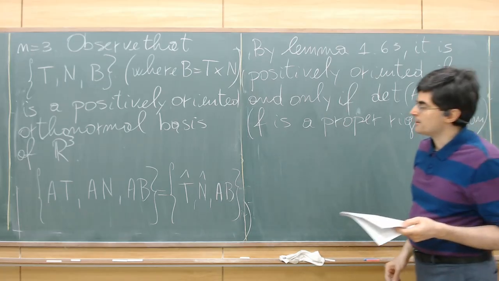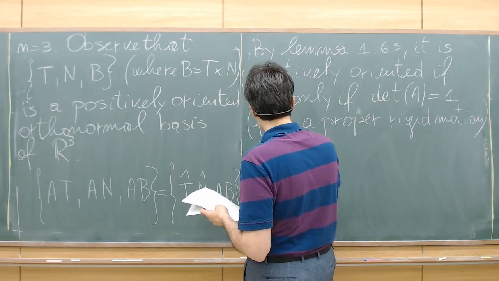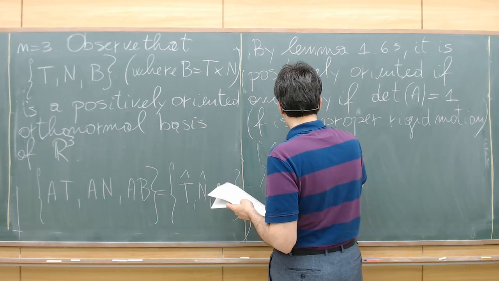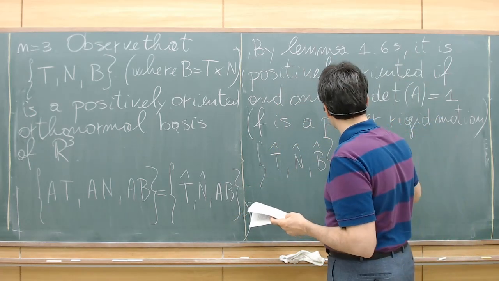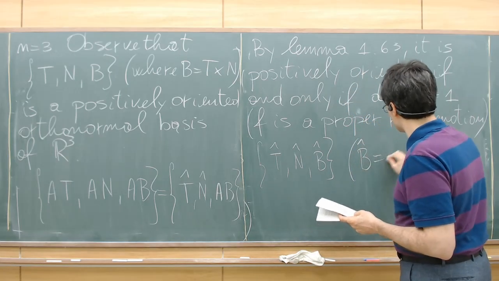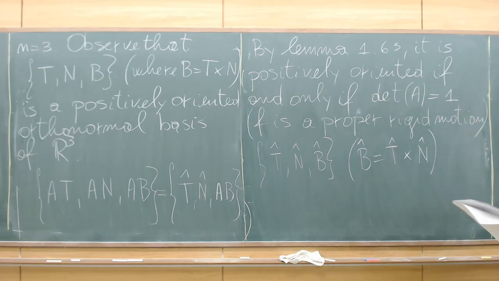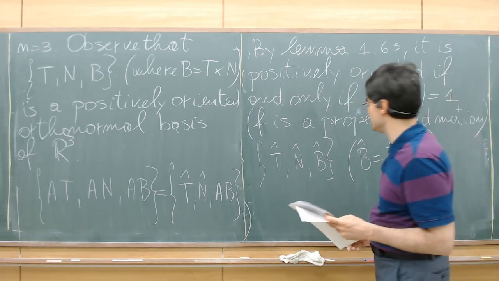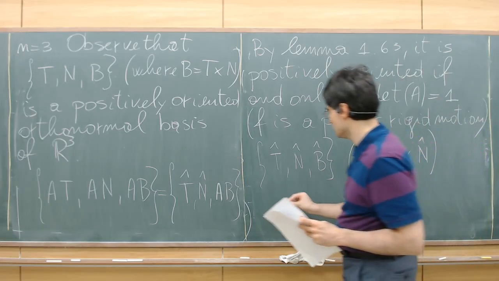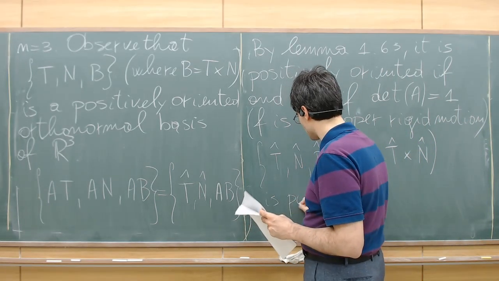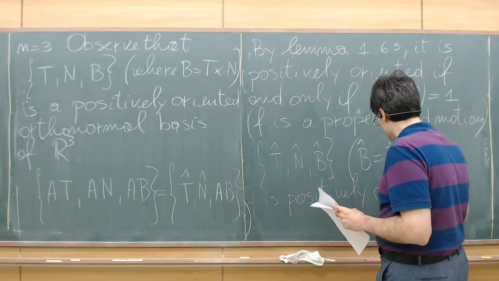So let's compare now this basis with this one: T hat, N hat, B hat, where B hat is T hat times N hat. This is once again positively oriented because the third vector is the cross product of the first two, so it is always positively oriented.